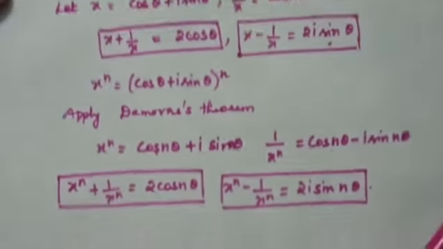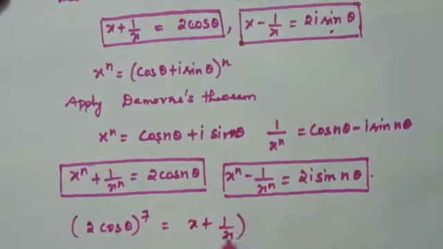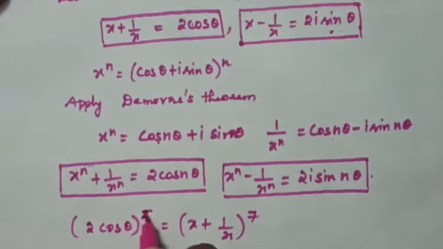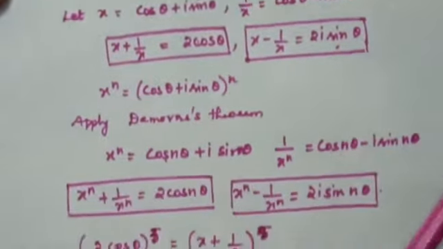Here the given power of cos is 5, so you have to take the power as 5.